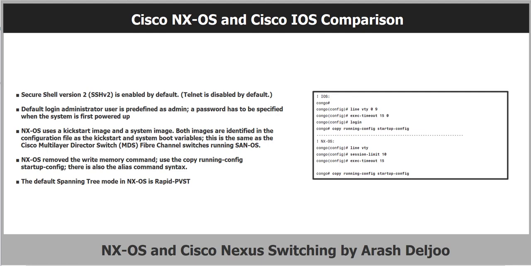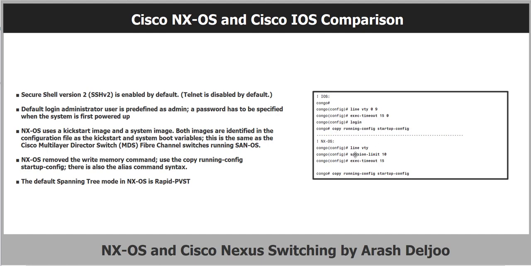For example, when configuring VTY timeouts and session limits, consider this example, which illustrates the differences between IOS and NX-OS syntax. As you can see here, we have VTY configuration and session limits comparing traditional IOS and NX-OS. In traditional IOS, we configure line vty 0 9, exec-timeout 15 minutes 0 seconds, and then login, copy running-config startup-config.